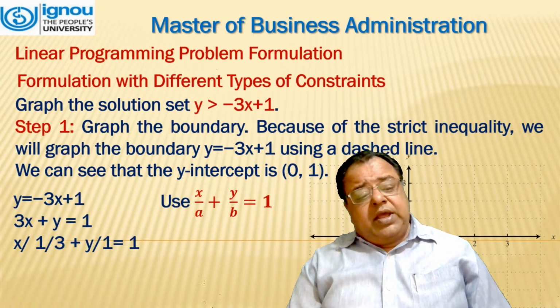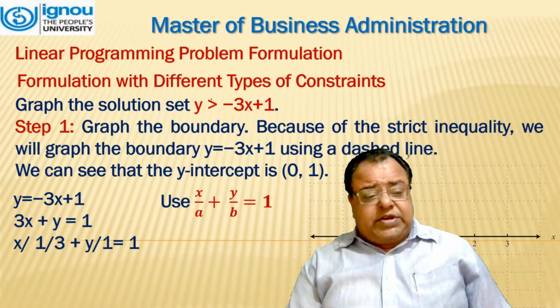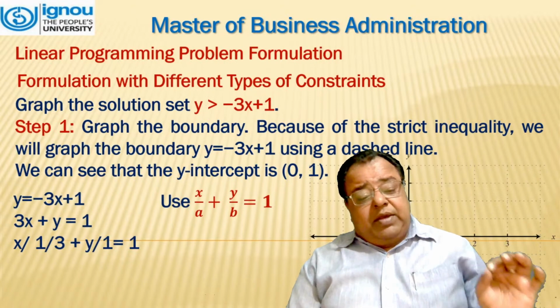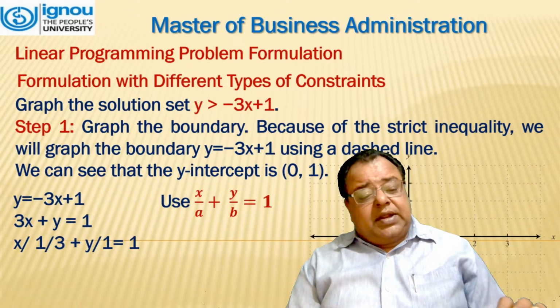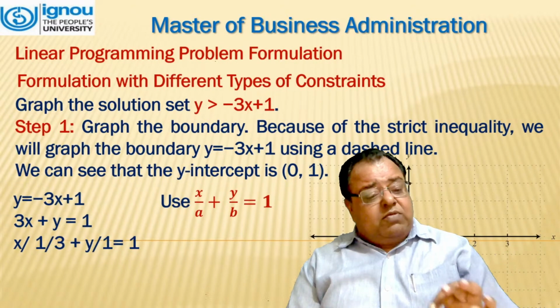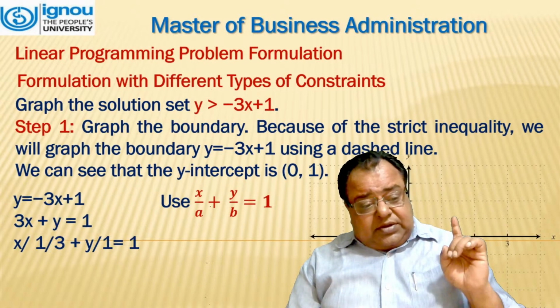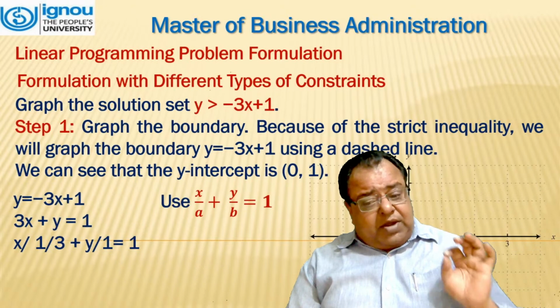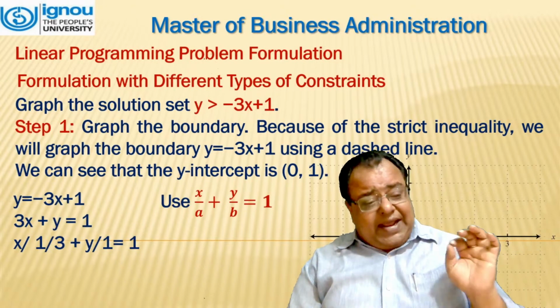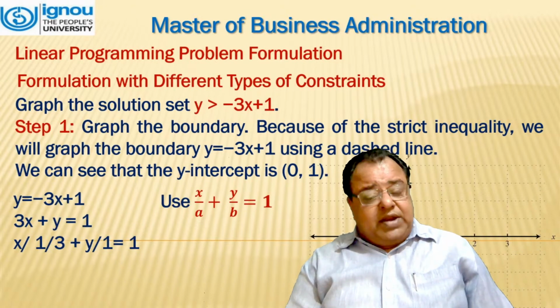We will bring the coefficient 3 of x to the denominator. That will be x upon 1 by 3 plus y upon 1 equal to 1. That means 1 by 3 comma 0 will be the point on the x-axis where this line will cut.